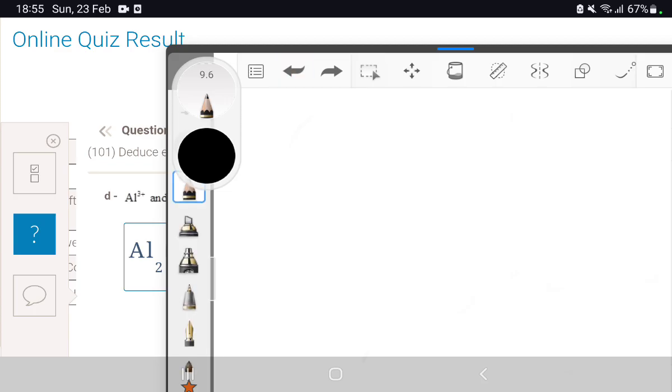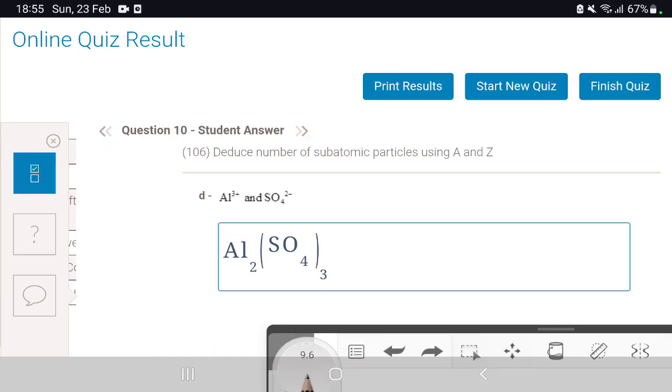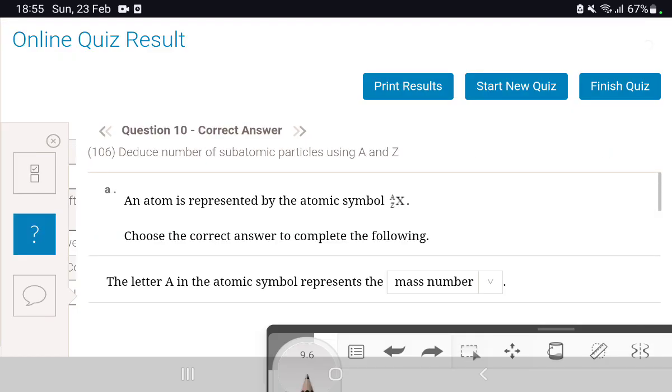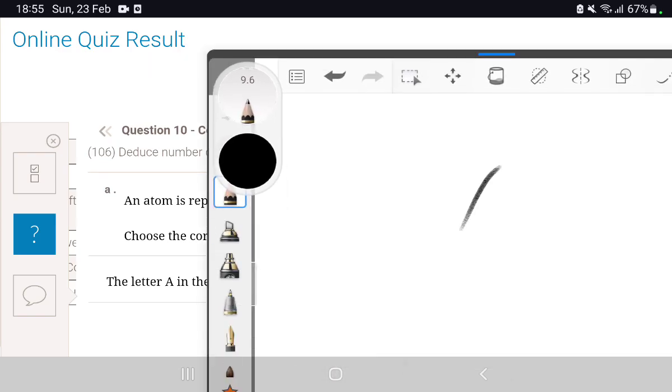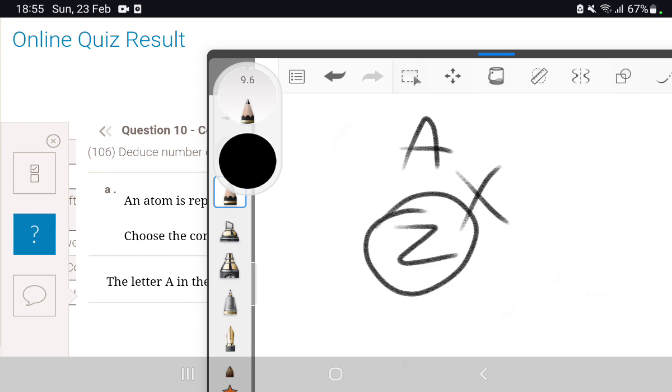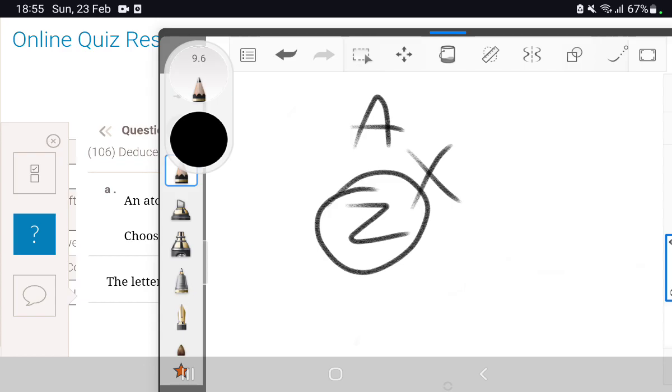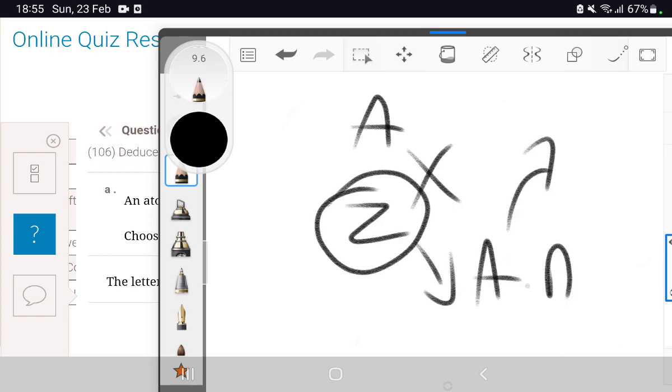Okay, number 10. Okay, so an atom is represented by the atomic symbol. Let me draw it. X, A, Z. So Z here is the atomic number, which I'll call An, which is the number of protons or electrons.